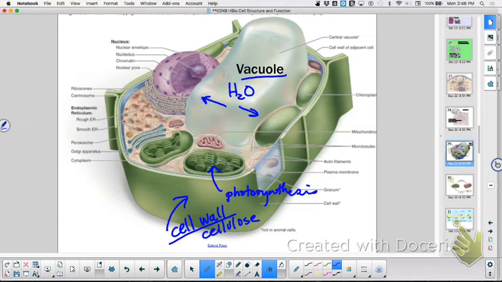What doesn't the plant have? Yeah, there's no centrioles in plants. They don't have that. Do plants have mitochondria? Yeah, they still do cellular respiration, right? So they still have mitochondria.